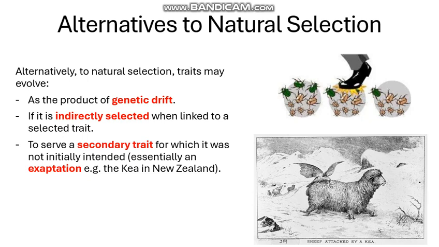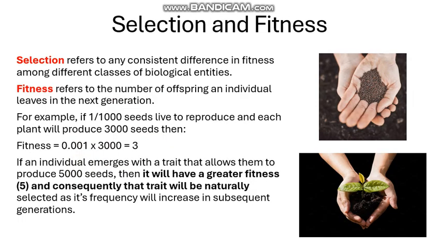But when the New Zealand colonists brought sheep to New Zealand, the kea already had this beak structure, and it decided it was able to use it to prey on the defenseless sheep population in New Zealand. So it already had this beak, and now the beak is serving a secondary trait of allowing the keas to eat the sheep, and the sheep don't have anything they can do to defend themselves against it.